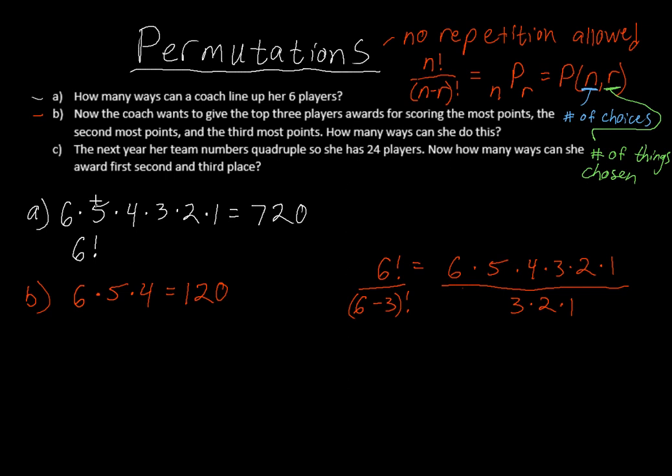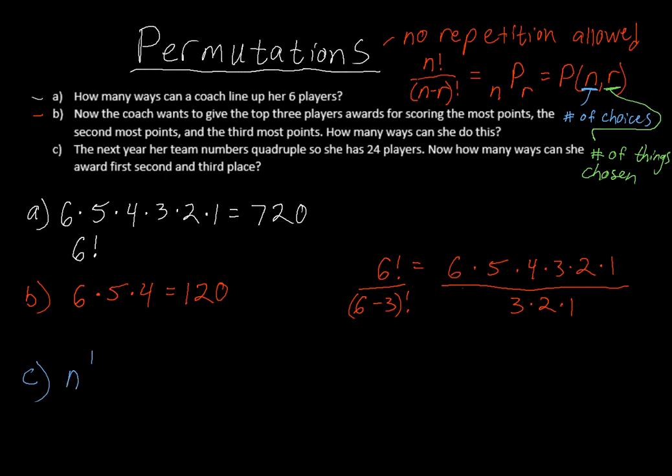So now looking at C. Now her team is quadrupled. She's got 24 players on this team now. I don't want to actually have to multiply out that 24 times 23 times 22. It's not that bad, but let's see if we can get our equations to figure it out for us. So for part C, we have 24 things to choose from.